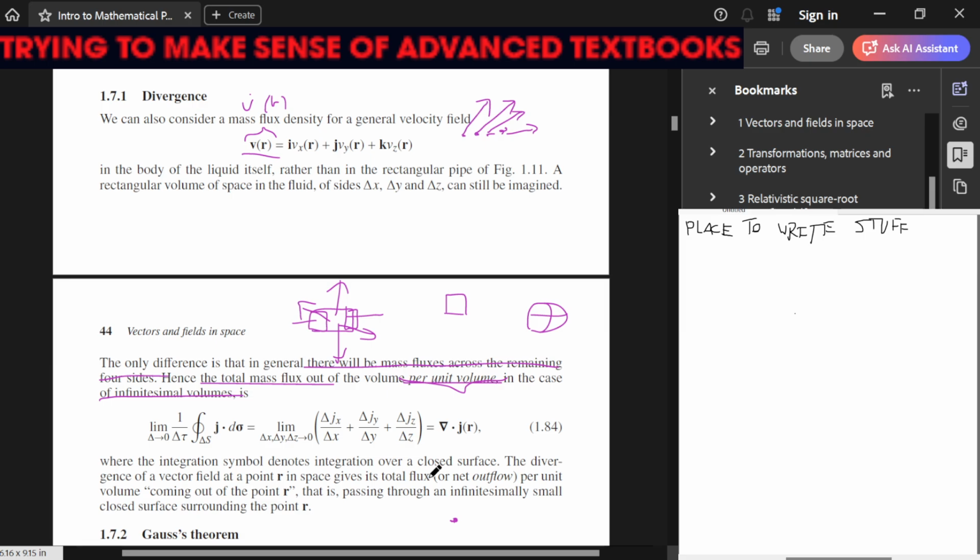That is, passing through an infinitesimally small closed surface surrounding the point r.